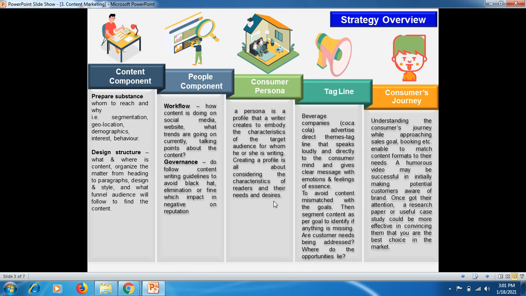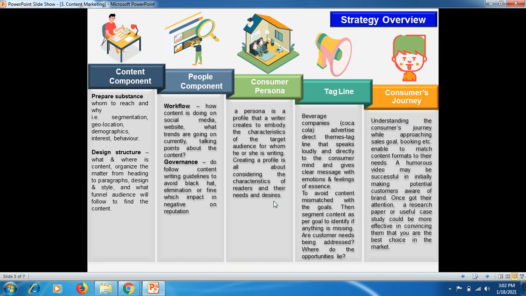So the next topic is strategy overview. After completing understanding content marketing, here the content component is the first one, where we have to understand what you are writing your content for, and why you are writing the content for those prospective clients, customers, consumers.